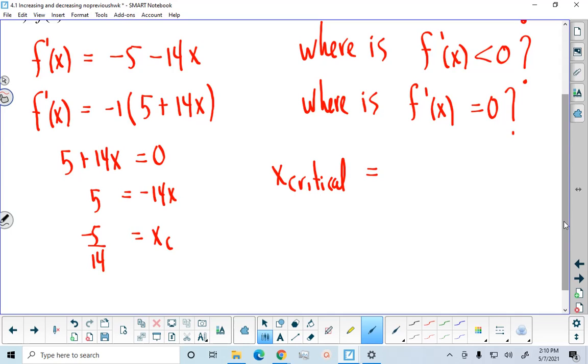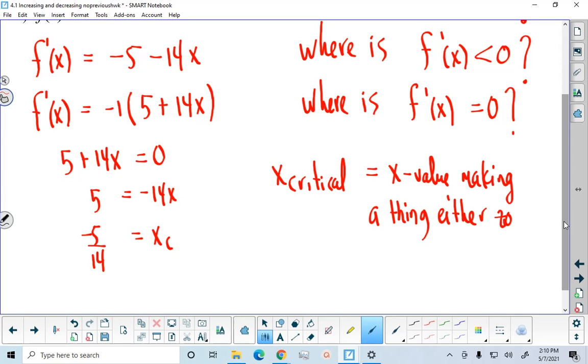A critical value of x is an x value making something either 0 or undefined.